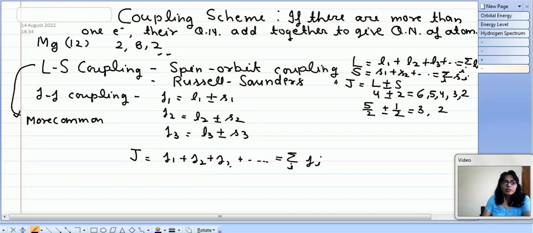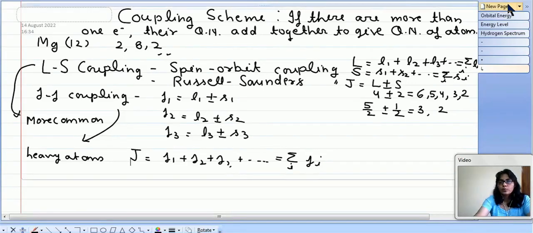LS coupling is more common, and JJ coupling is seen in heavy atoms. Generally the mixing of the two is also seen, but LS coupling is more common, and JJ coupling is seen in heavy atoms.